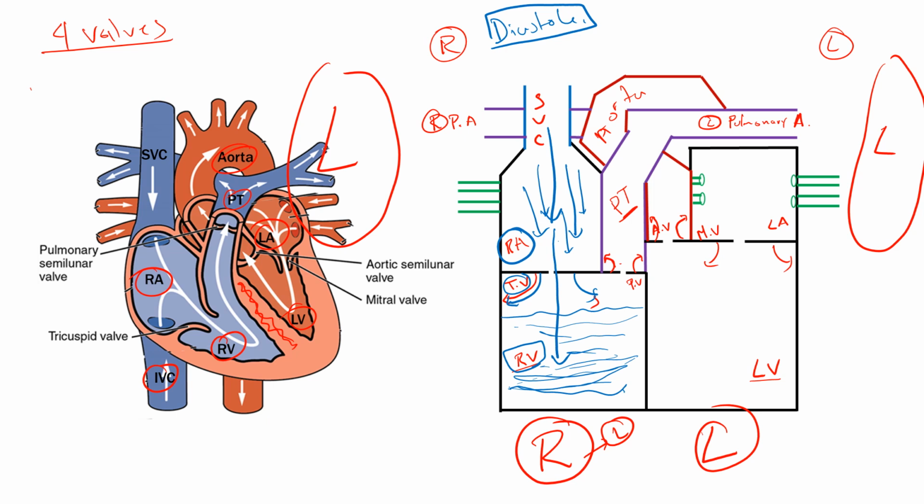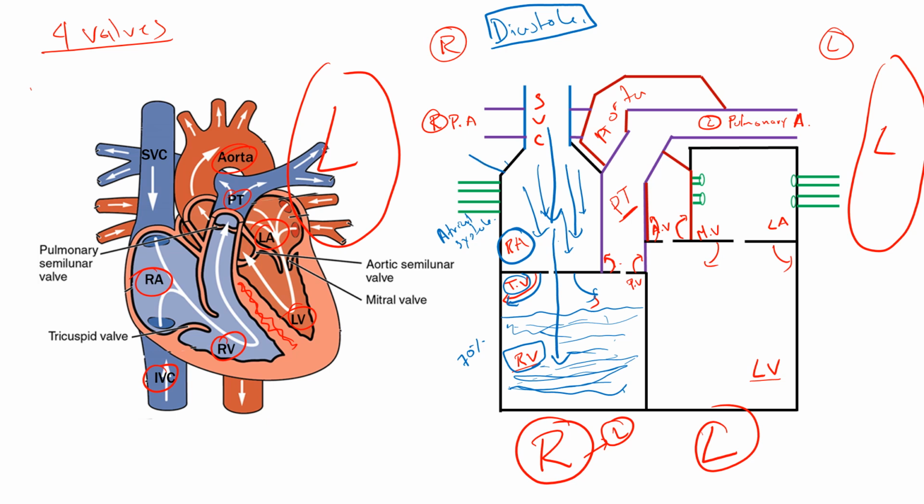Now, when the ventricles are about 70% filled with blood, then is when we have the systole of the atria. So I'm just going to mention it here, atrial systole. You will see that it is important that the atria contract first and then the ventricles after.